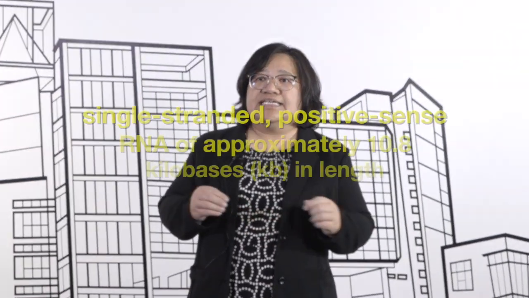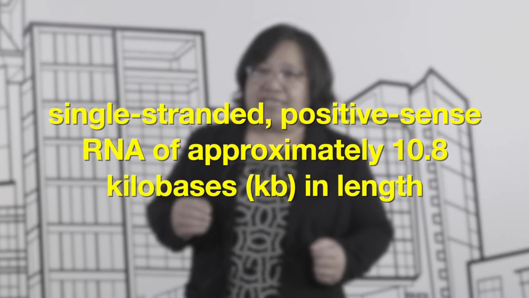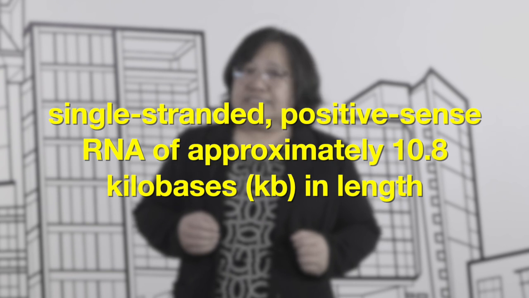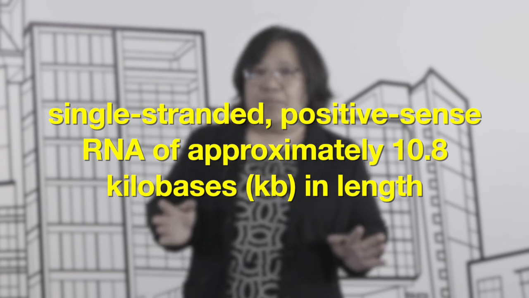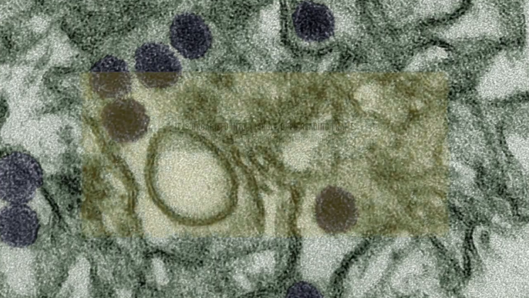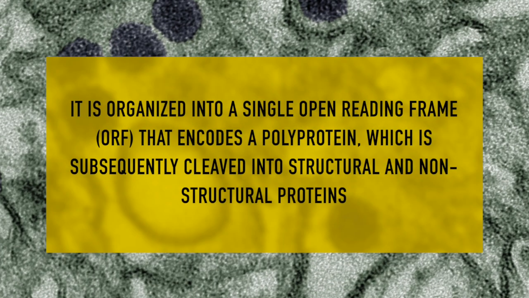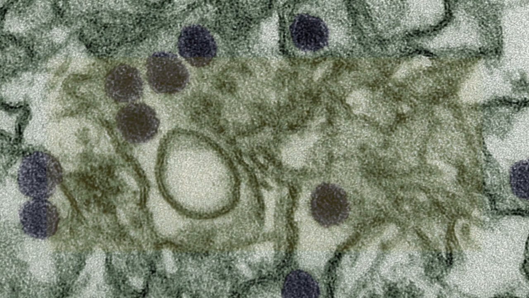The Zika virus genome, on the other hand, is a single-stranded positive sense RNA of approximately 10.8 kilobases in length. The genome itself is organized into a single open reading frame that encodes a single polyprotein, which is subsequently cleaved into structural and non-structural proteins.